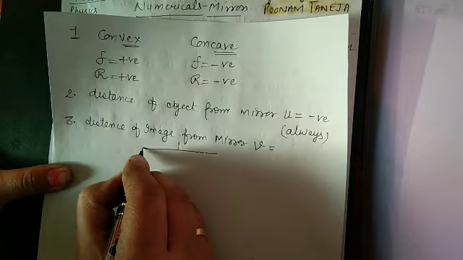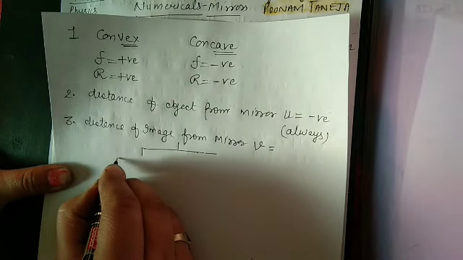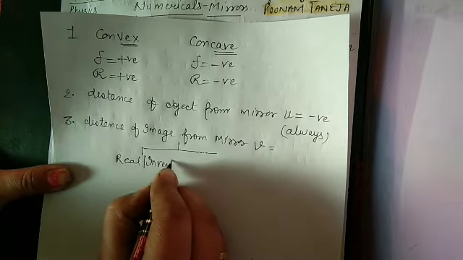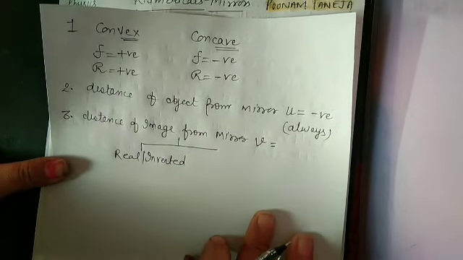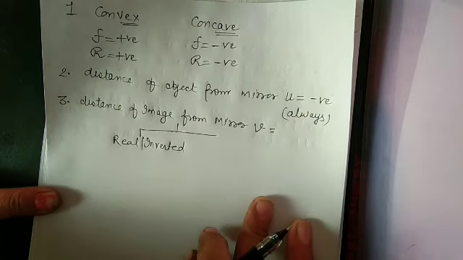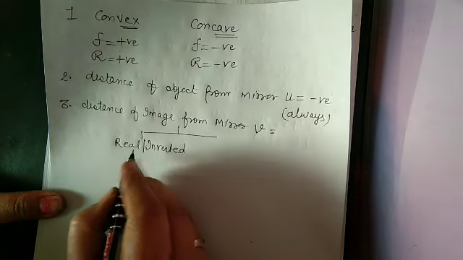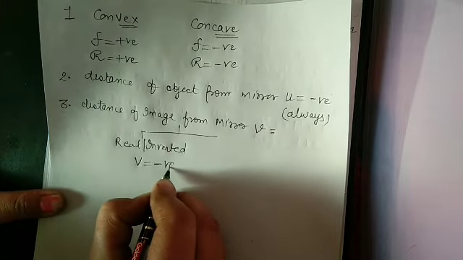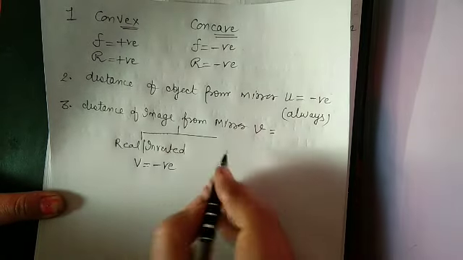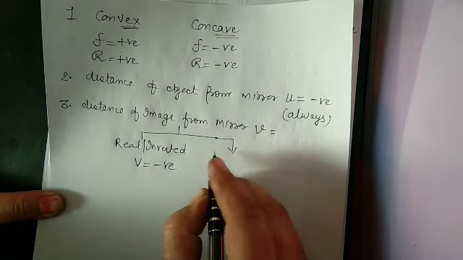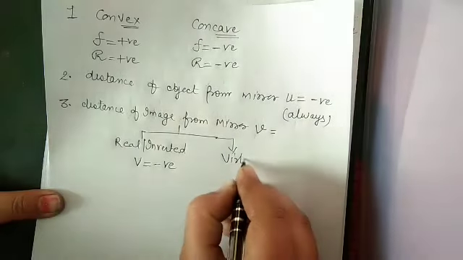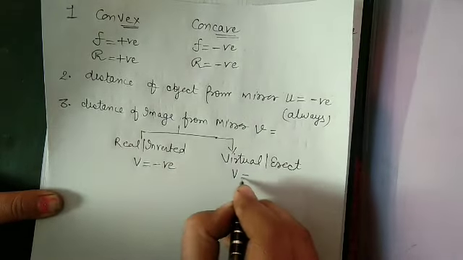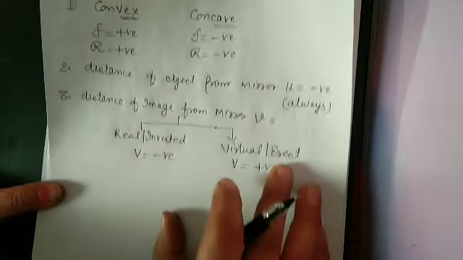So when the image formed is real, or inverted, because real image is always inverted, then V is negative. And second case, if the image formed is virtual or erect, then V is considered to be positive.